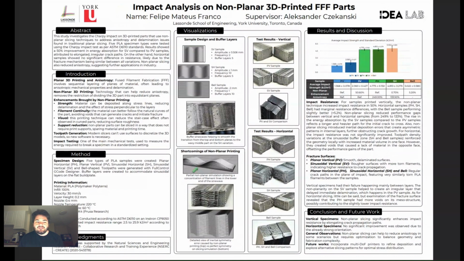For the introduction, 3D printing is a process that deposits material in sequential layers to achieve our final part. These layers can be in any format, but usually we make planar layers equidistant from the printing bed, which is also usually planar, flat.